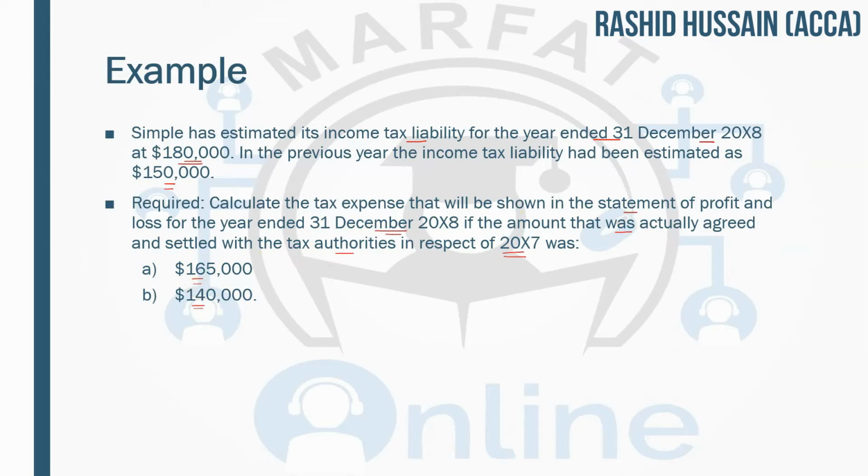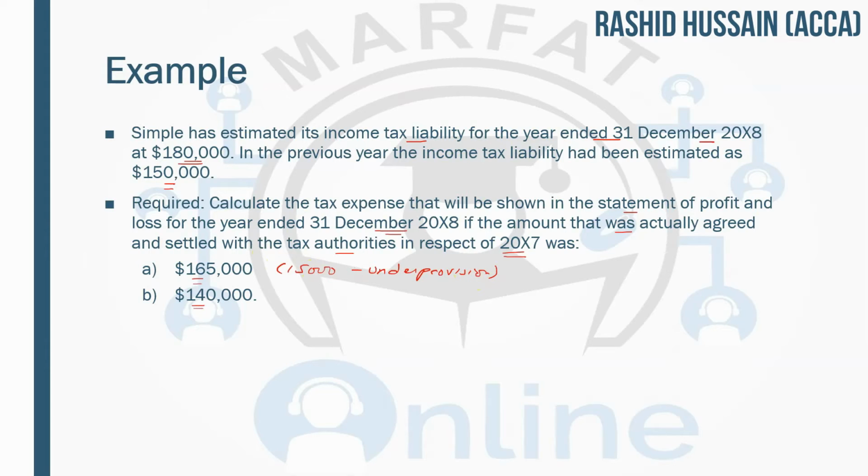So you see in the previous year the tax estimated was 1,50,000. If the actual tax is 1,65,000, then this will represent 15,000 as under provision. And under provision will increase the current year tax charge.